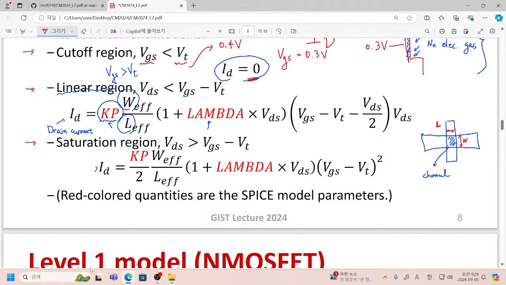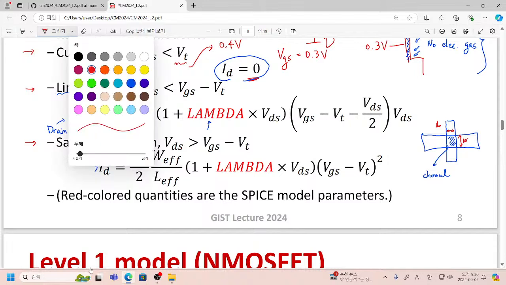It means that although these red colored quantities cannot be changed by designers, the width and length, those two parameters, can be adjusted or selected by designers. For example, if you want the shortest length device, you can draw a quite short device.